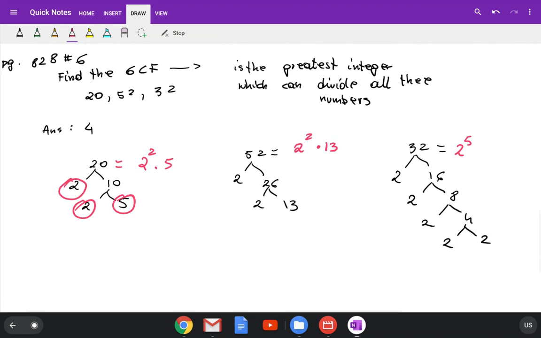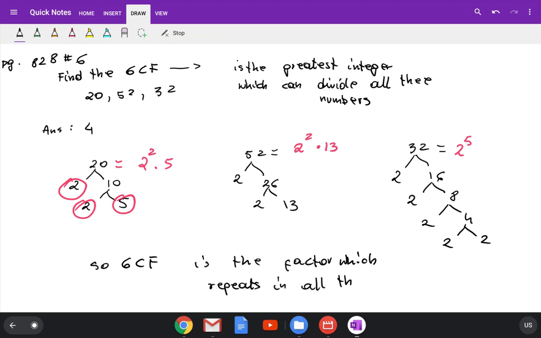So the greatest common factor is the factor which repeats in all three numbers, and again, make sure to pick the lowest exponent.